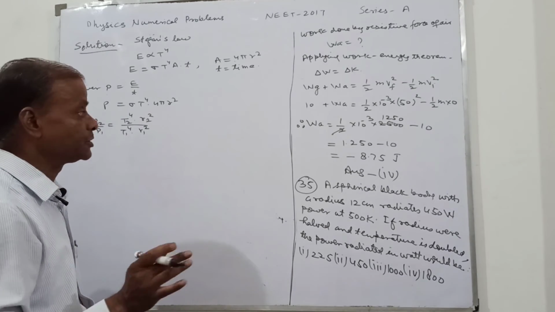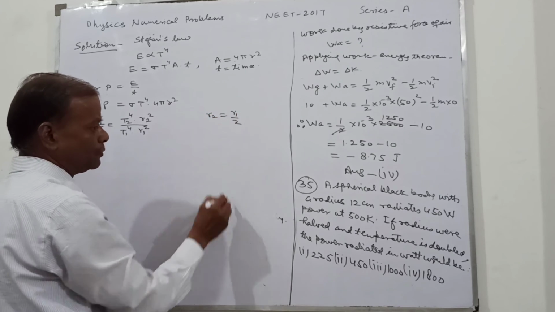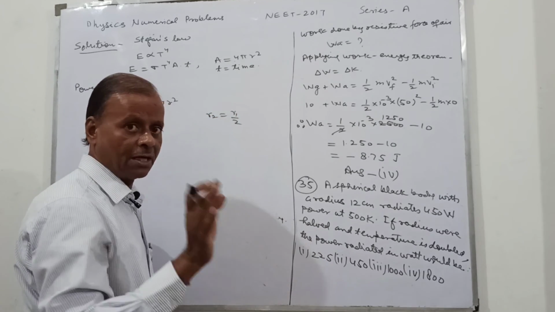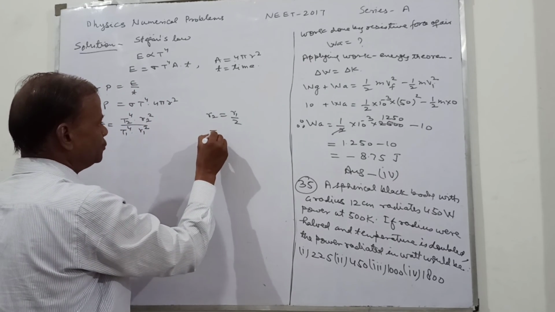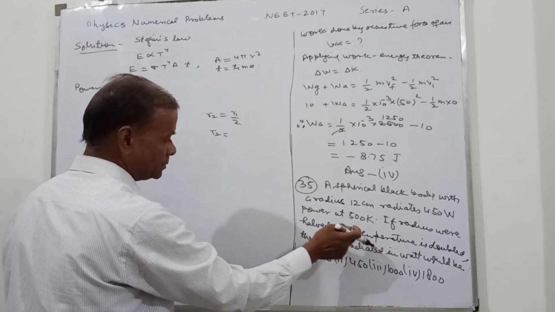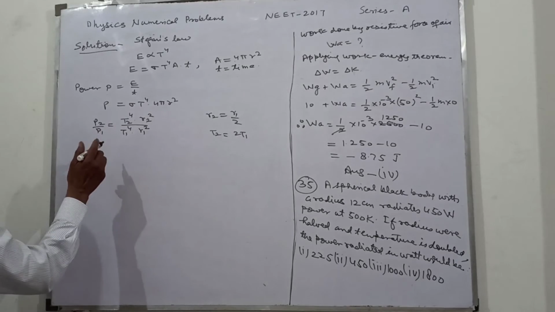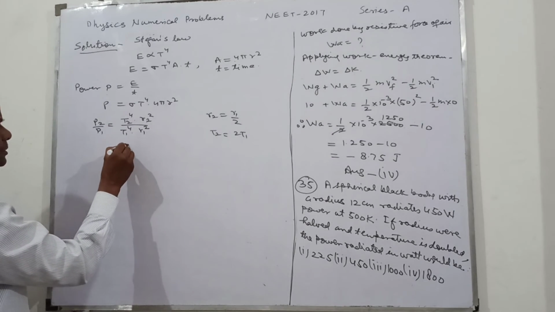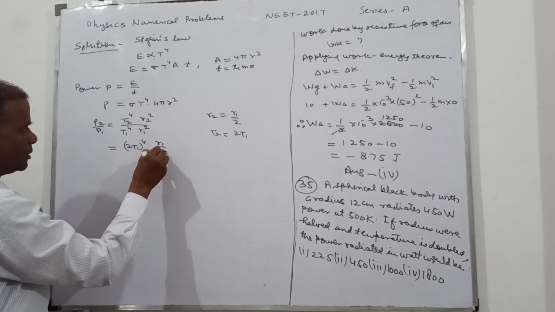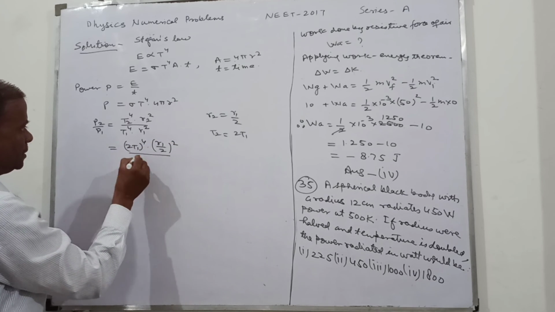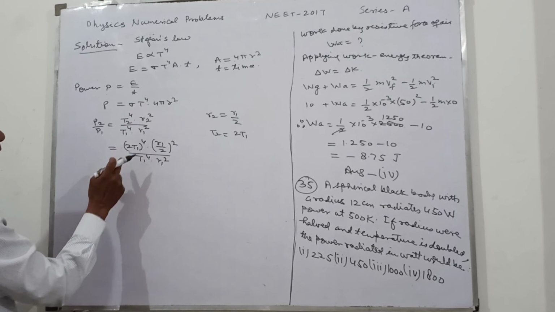Now in the question it is given that R2 is equal to R1 upon 2, halved, meaning 1 by 2, and T2 is doubled, that is 2T1. For these values, T2 is 2T1 raised to power 4, and R by 2 whole square upon T1 to the 4 into R1 square. So this T1 to the 4 will cancel.